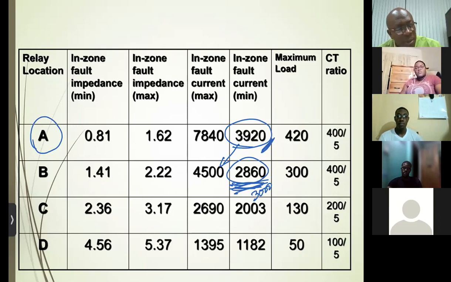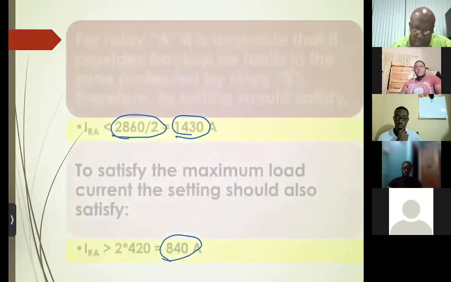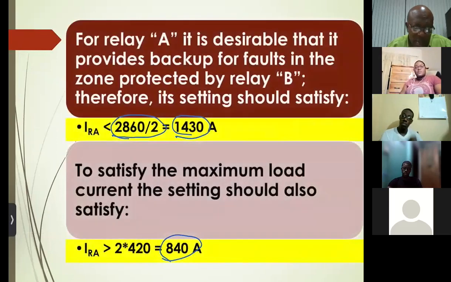So A will see the minimum fault at B. B would see the minimum fault at C. C would see the minimum fault at D. Where D is concerned, we now have to go to the end of the line, which would result in the minimum fault on the system. So all we would do at the end of the line is to now add that remainder that we didn't put in, which was the 1.1 ohm. And that's how we get the 491.